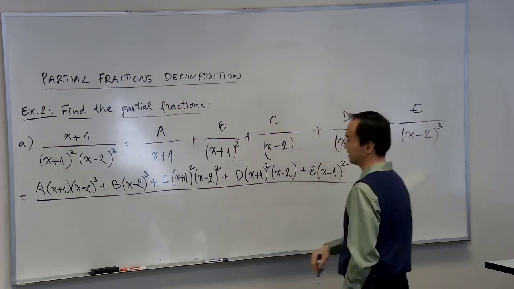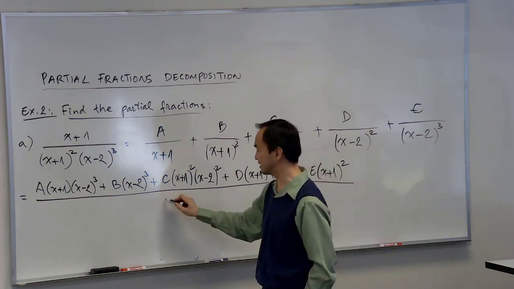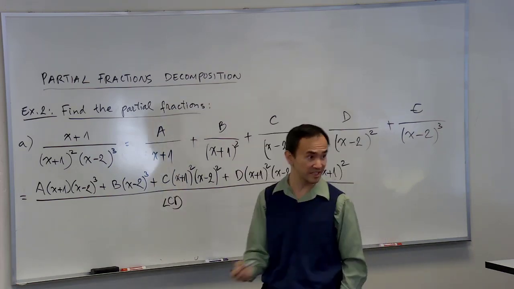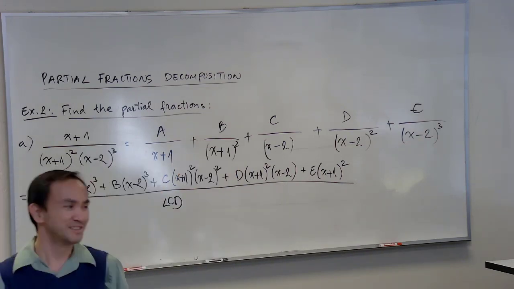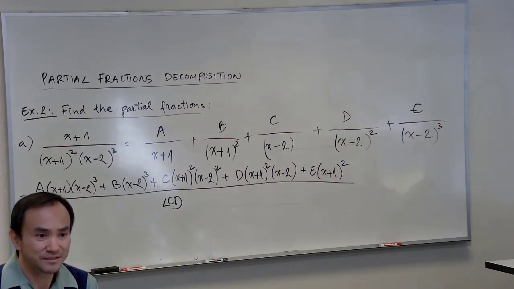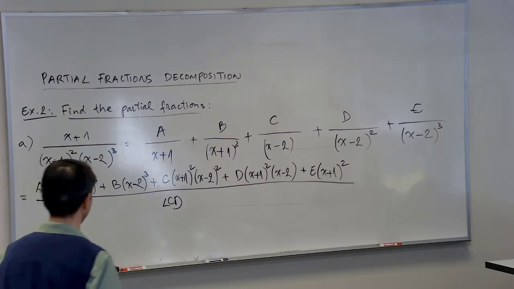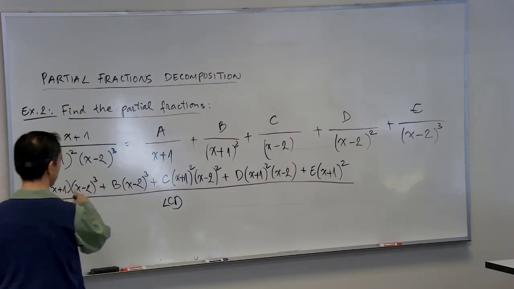All right, and we're over all of that. Allow me to also write this as the LCD, the least common denominator of all of those denominators. And so yes, now we're going to take some time following that out.